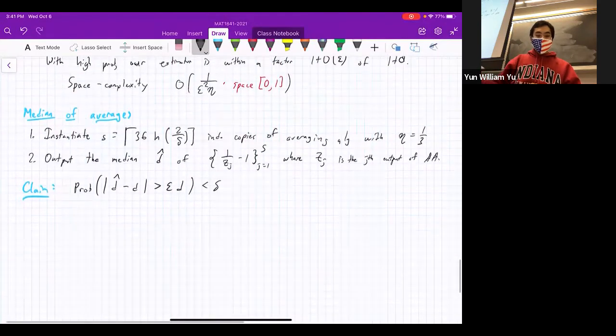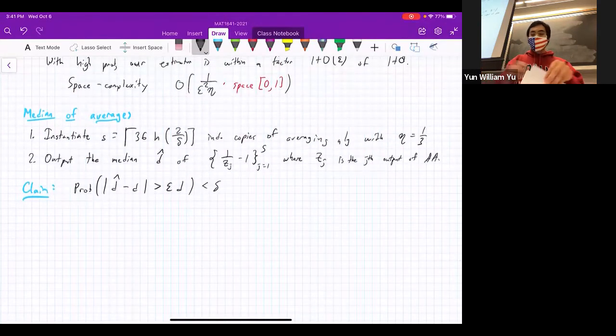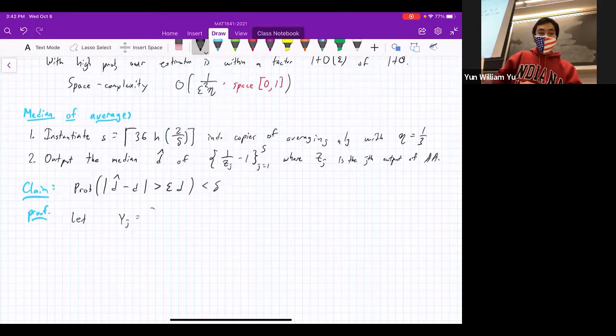So this probability that it's less than delta. Let's actually quantify that. The proof here is going to start by using indicator variables. Let yj be equal to 1 if zj minus d is greater than epsilon d.